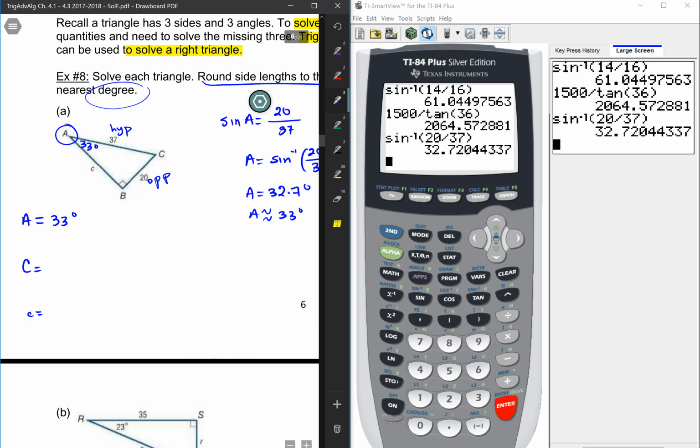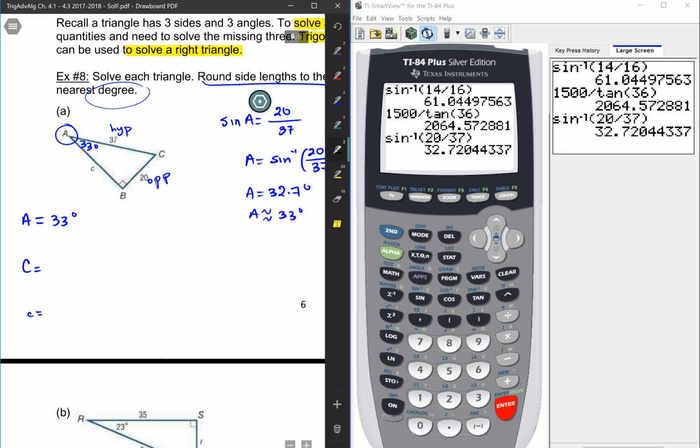Now, what about C? Is there a quick way to find C? Yeah. What's the quick way to find C? Awesome. All of these must add up to 180. You can go a step further and say these two acute angles have to add up to 90.